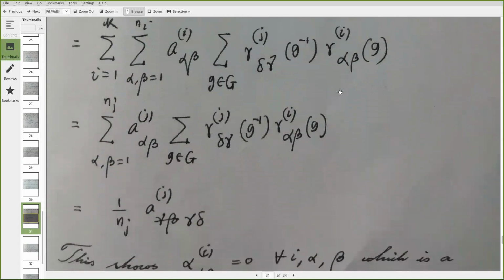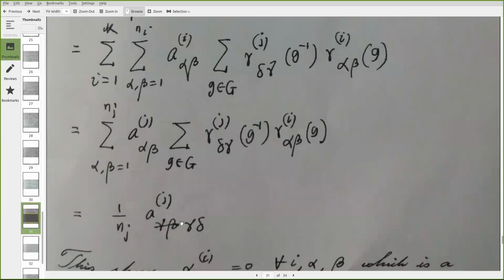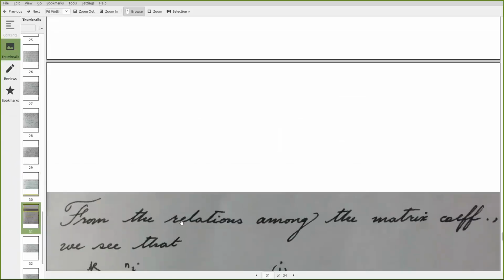Good. So when i equals j, this is what we have, and again we know what it is, right? So from that we know that the only term that will survive is when delta is beta and gamma is alpha. So that shows this is just 1 by n_j times a_j gamma delta.